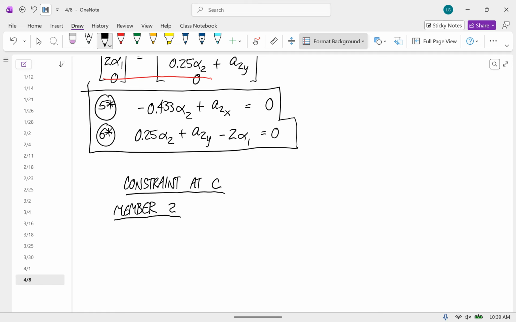And we have that member 2, remember, doesn't have a fixed point. So we're going to use relative motion again. The acceleration of C relative to the ground is equal to the acceleration of C relative to the center of mass of 2 plus the acceleration of the center of mass of 2 relative to the ground.